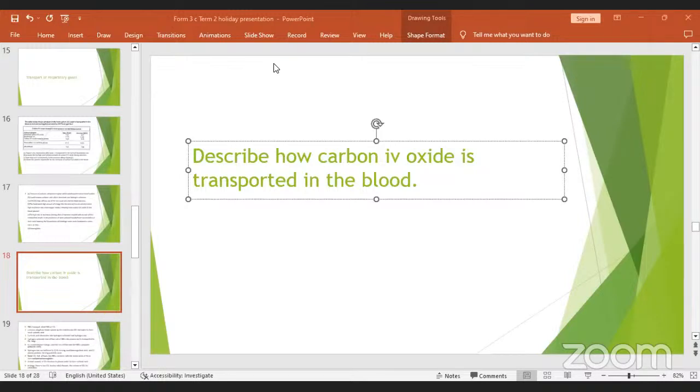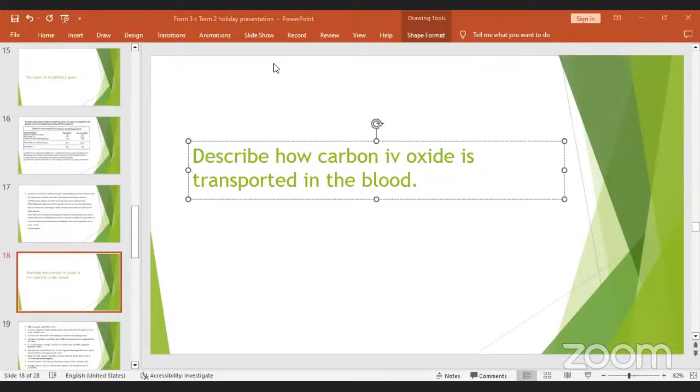Now some carbon dioxide will dissolve in the blood plasma. Once it dissolves in the blood plasma, it will form weak carbonic acid, which may be directly transported to the lungs in the form of weak carbonic acid.